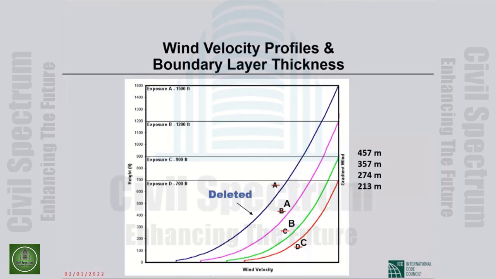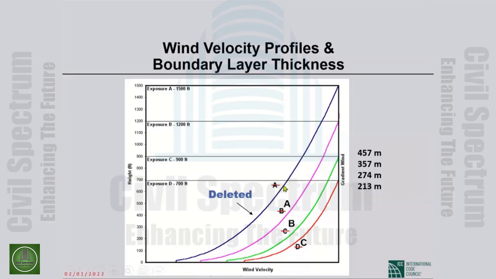So the wind speed varies from 0 at the ground level and increases as we go up. How quickly it increases depends upon the roughness of the ground.